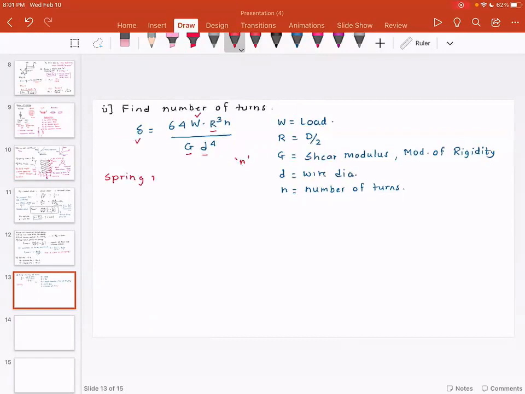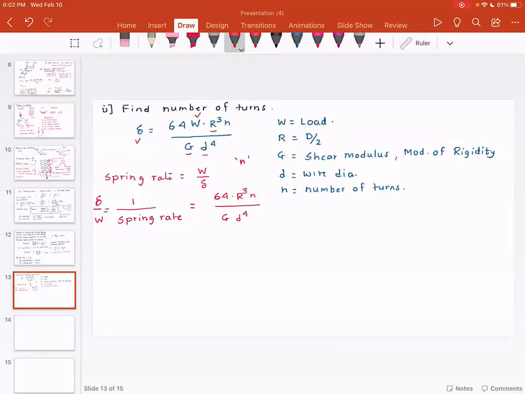So spring rate is by definition W by delta. So what you can do is you can rewrite this equation as 1 divided by spring rate, which is delta by W, is equal to 64 R cubed N divided by G d raised to 4.